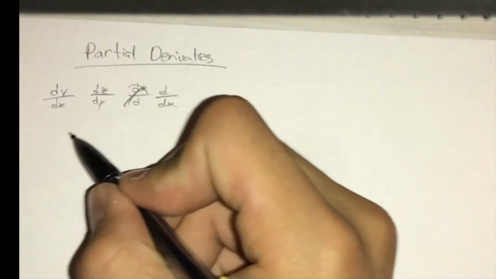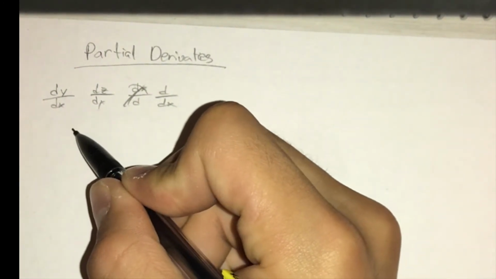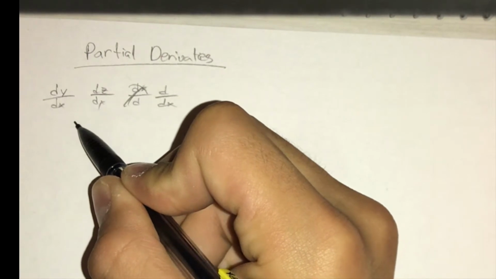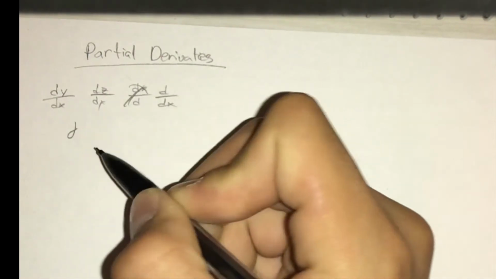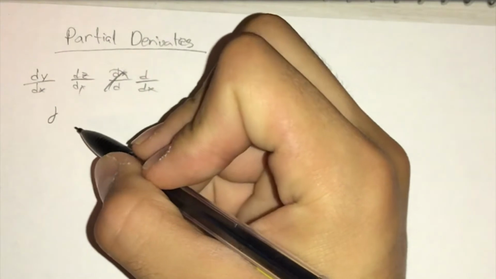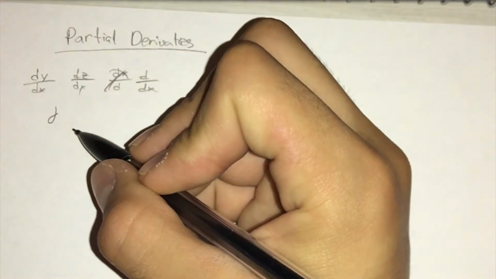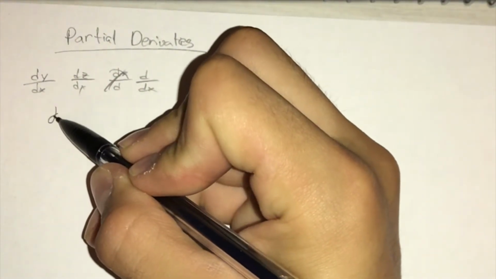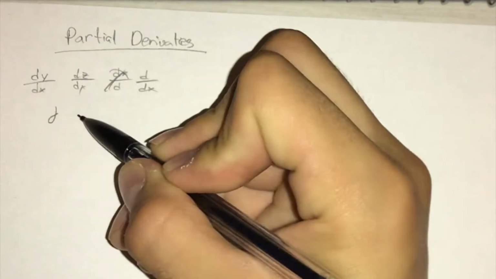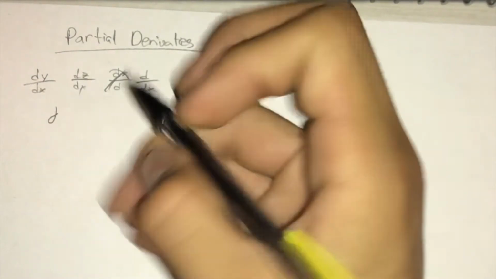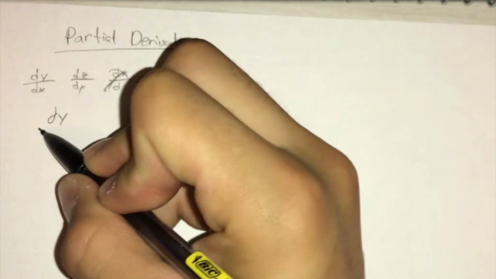So essentially, what a partial derivative is, and you're going to find the symbol to be something like that. So like I was saying, the partial derivative is going to be represented as a sort of slanted d, and you're going to want to put it with respect to a function. So we'll just do function y, and we're going to find a partial derivative of x.